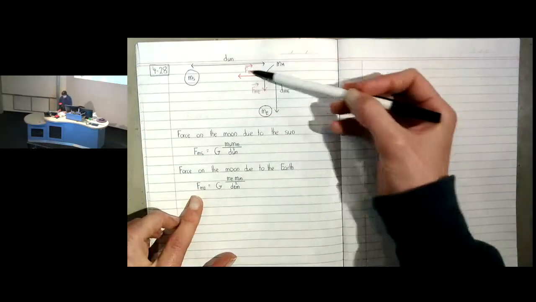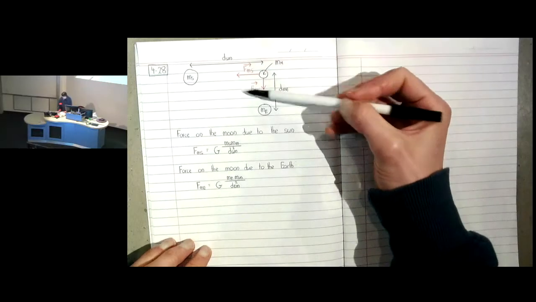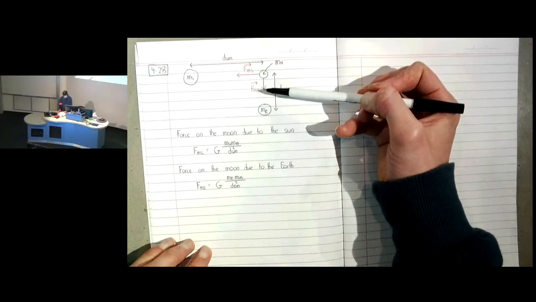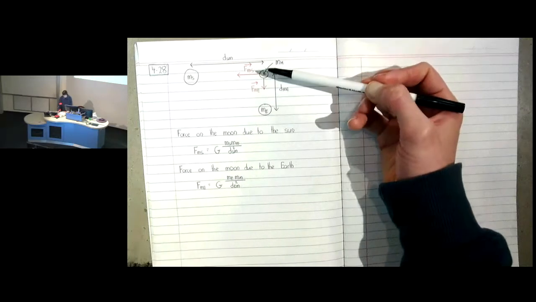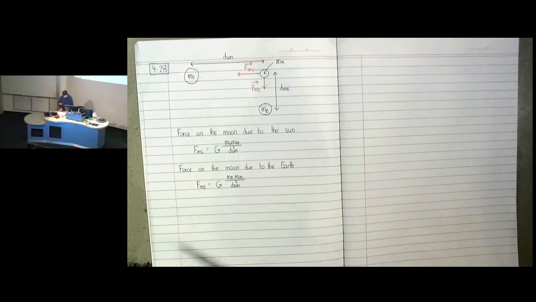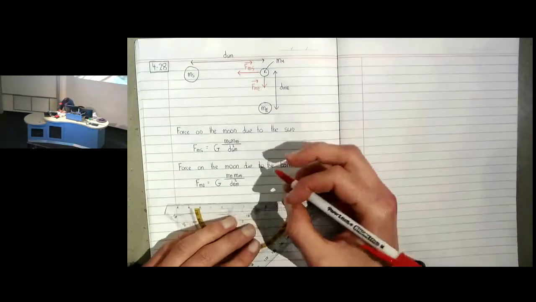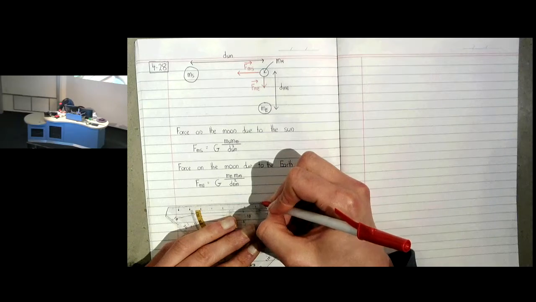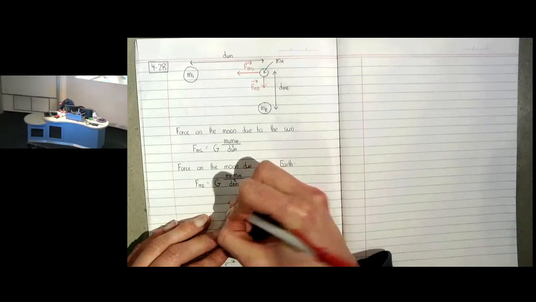Now, we have these two forces, and what we want to do is add them up to get the total force acting on the moon. So we have these two vectors, whose magnitudes we can figure out from these two equations. To add these two vectors, we take one vector, let's take FMS, and stick it down somewhere.